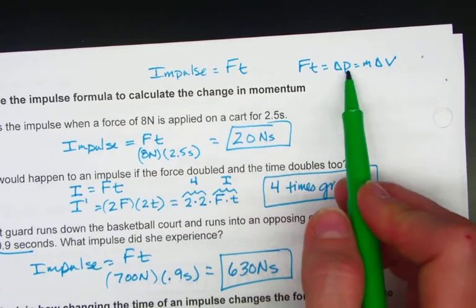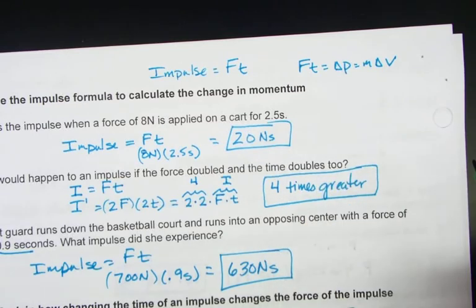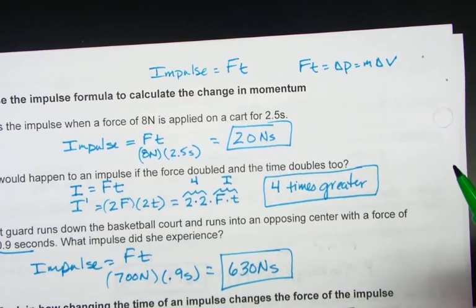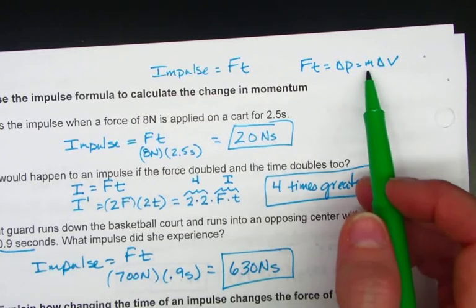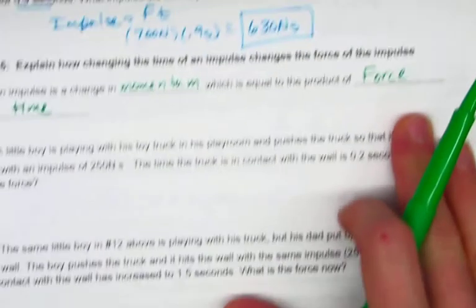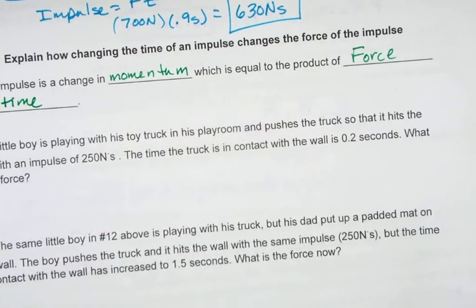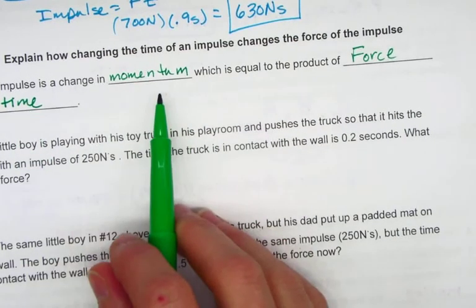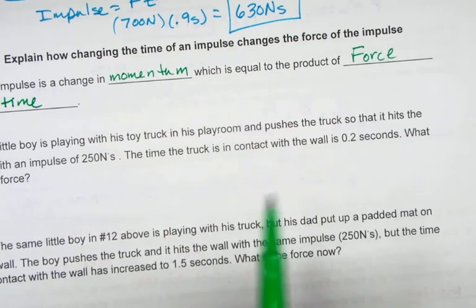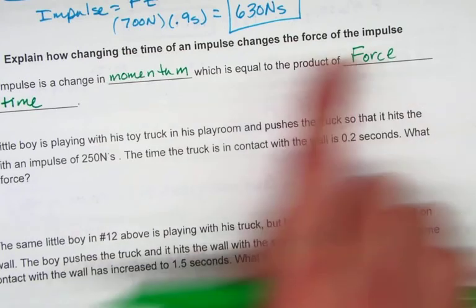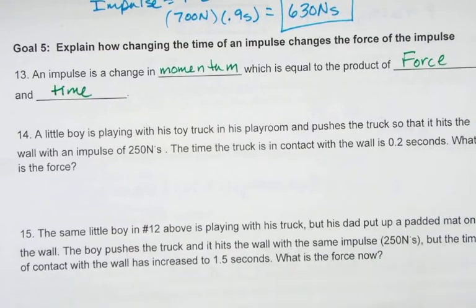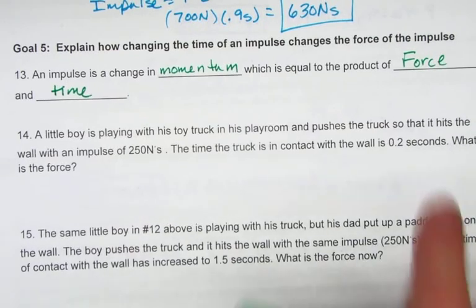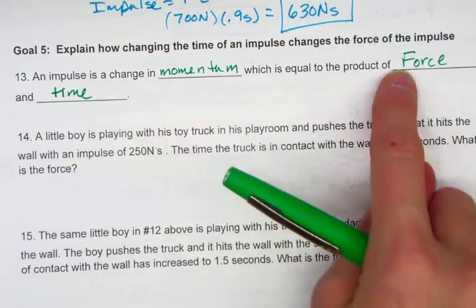This is my impulse. It's a change in momentum, which is also the same thing as mass times a change of velocity. If this is a multiple choice question, obviously it could be the product of mass and the change in velocity as well. I think, though, looking at the examples, they're looking for force and time still.